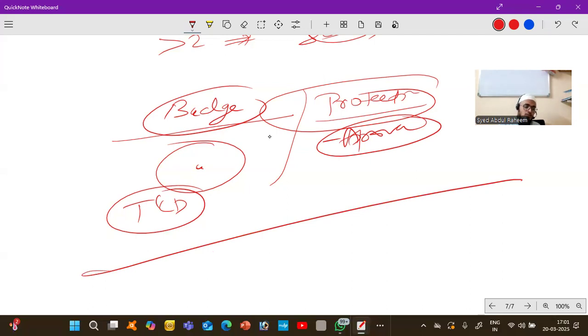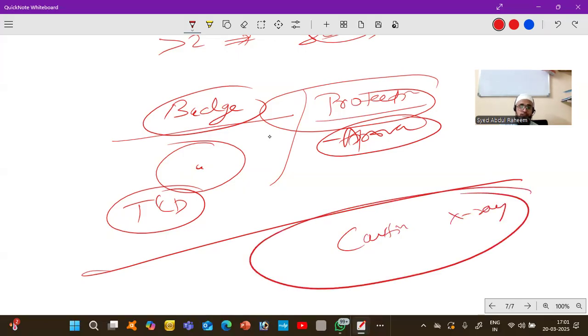That's the reason we have some logos you can see in the radiation department. In India, we have the caution X-ray sign. Wherever radiation is present, you will see the caution X-ray logo in yellow color. This is dangerous.